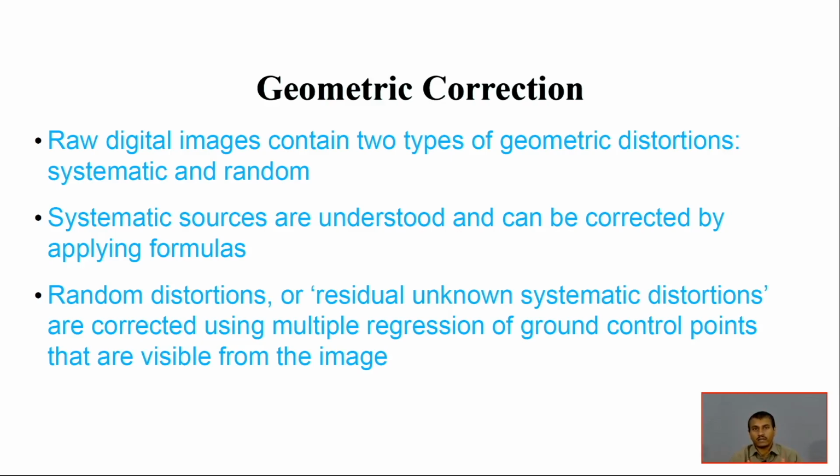We can very well know that these are the possible contributing parameters that are contributing error, and we can nullify those errors by applying mathematical principles, mathematical filters. There are some kinds of unknown random distortion. We have not yet been able to identify exactly those parameters. So this is the residual unknown, non-systematic distortion.